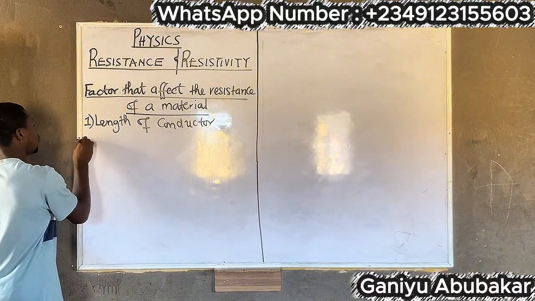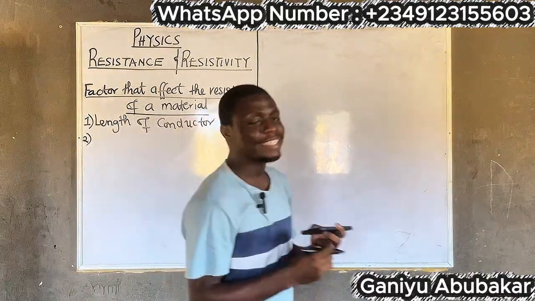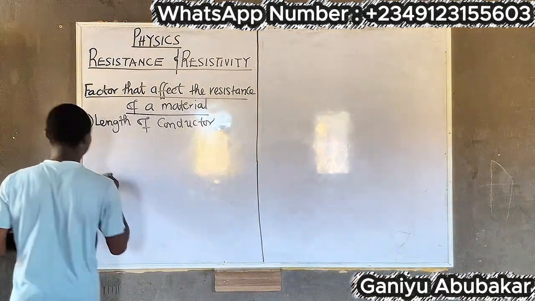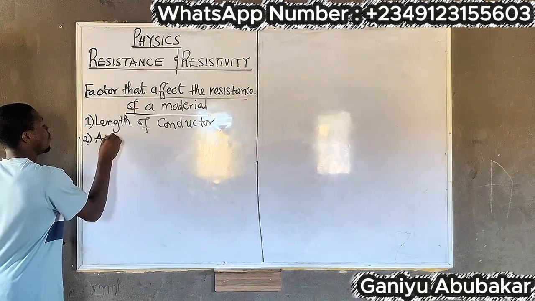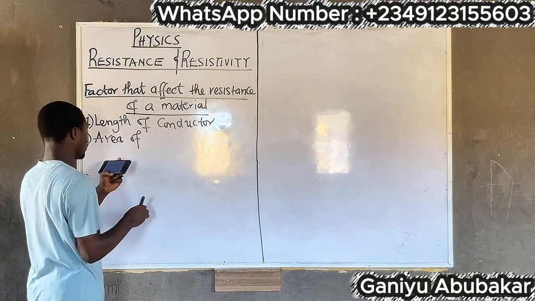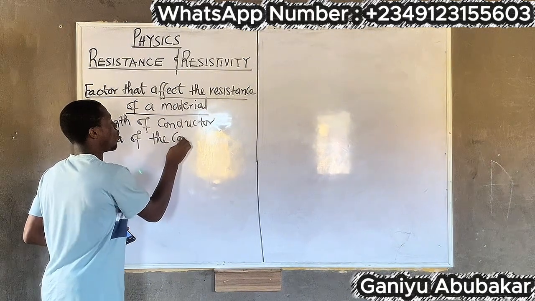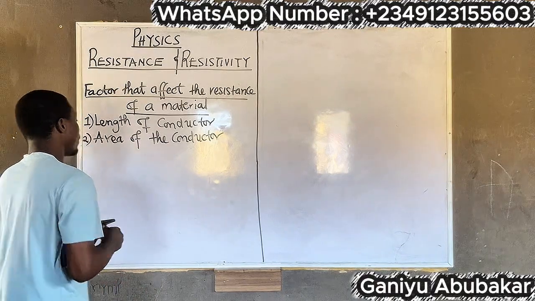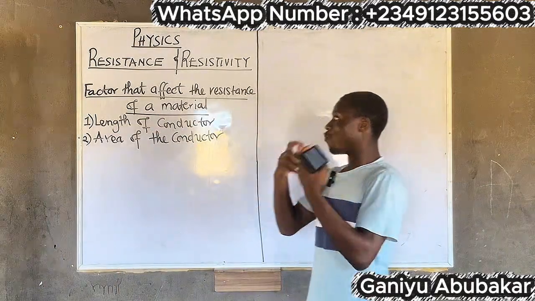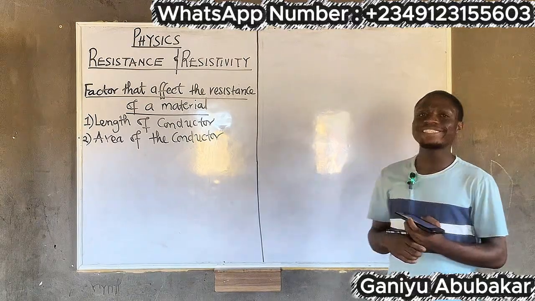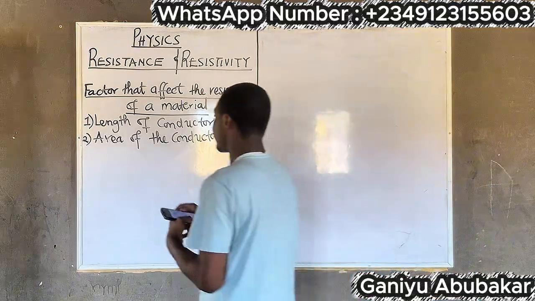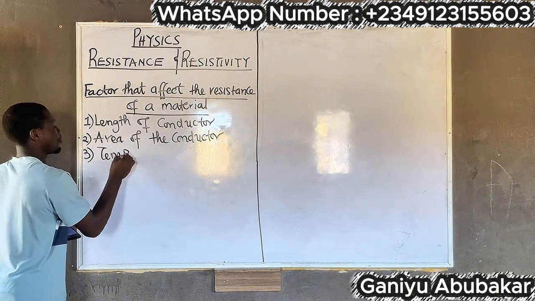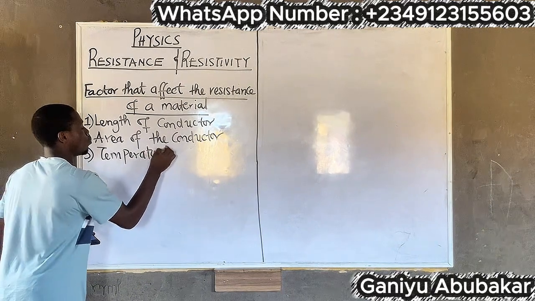Number two, the area of the conductor. Number three, temperature.